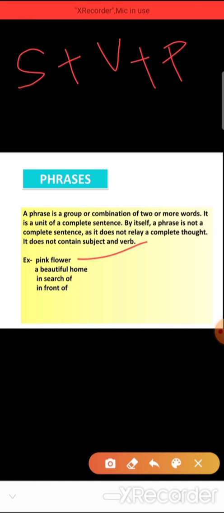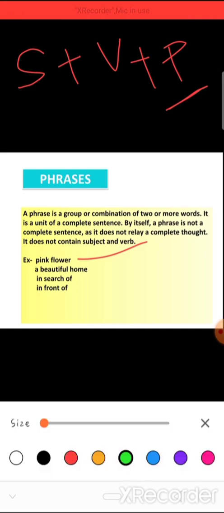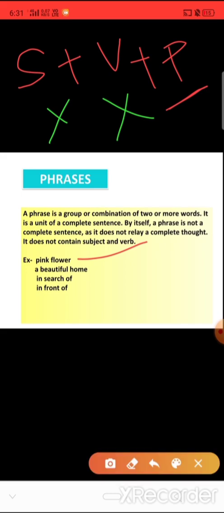But here we can say that pink flower only has a predicate. It does not have the subject, nor the verb. That means a phrase does not have a subject and verb combination. So let us take an example.